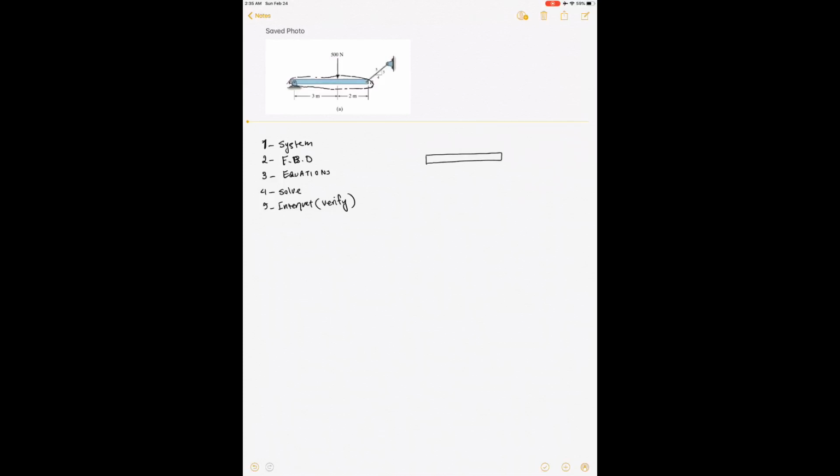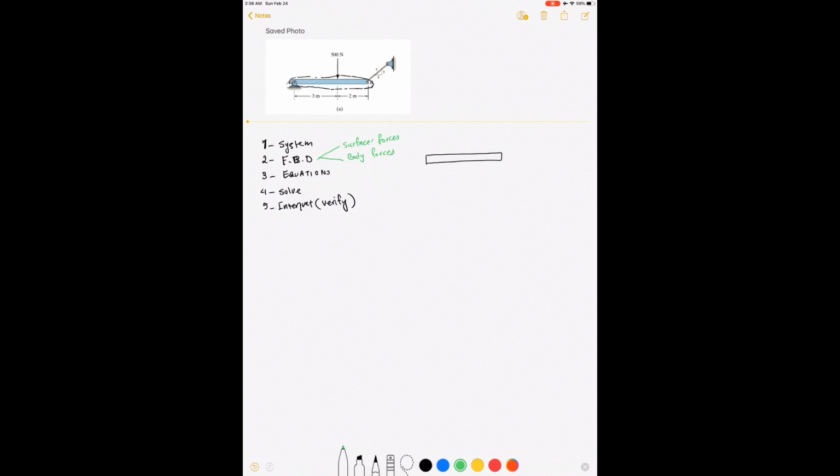So if this is the beam, then in order to draw a free body diagram, we need to go through surface forces, body forces. Every single time we draw an FBD, we have to find these effects, right?